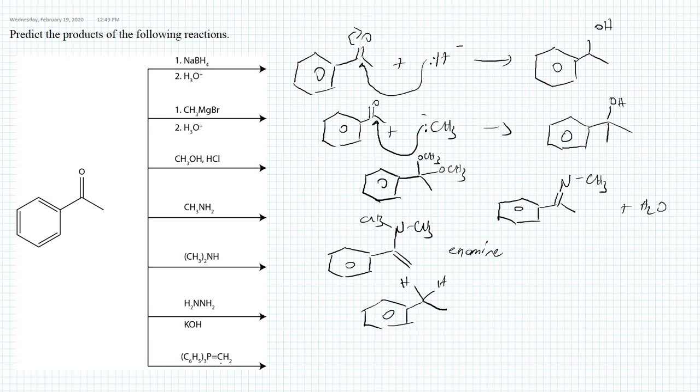Okay, let's move to the last part of the question. Here we have a triphenyl group, a phosphorus, and a carbon-phosphorus double bond. These reagents are called ylides. When you have ylides reacting with aldehydes or ketones, we synthesize alkenes. So basically, this carbon will be introduced here. We are going to form a carbon-carbon double bond.